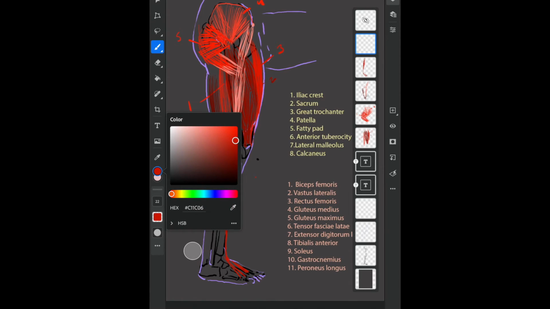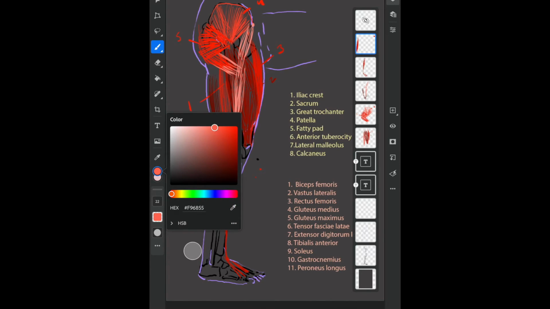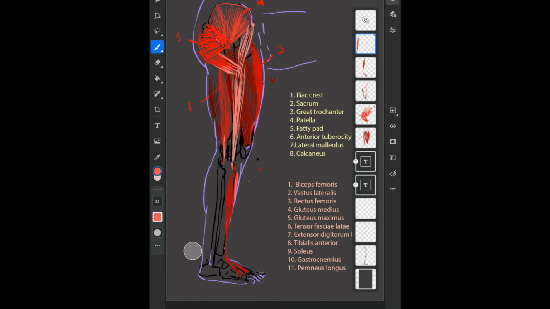Then on top, we have our tibialis anterior. Change colors even more. Tibialis anterior, running this way. So number 7, and tibialis anterior is number 8, this way.